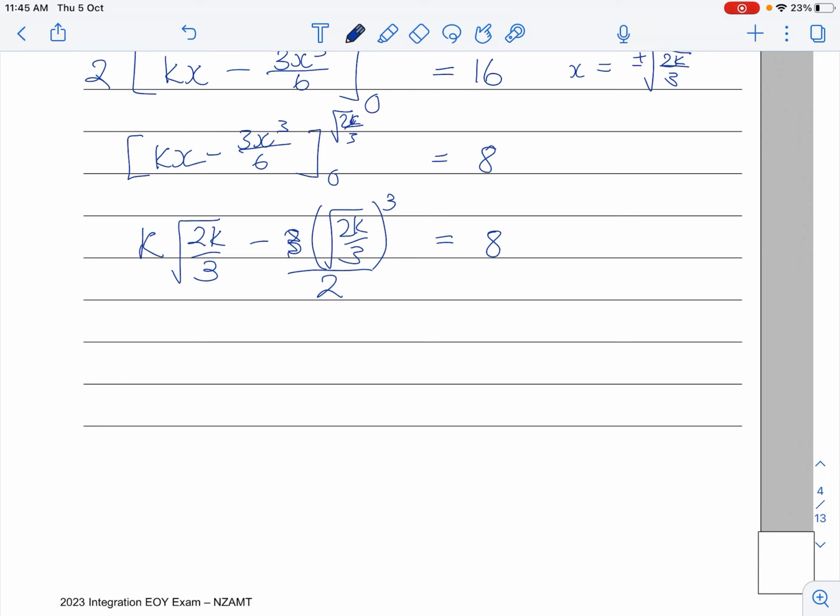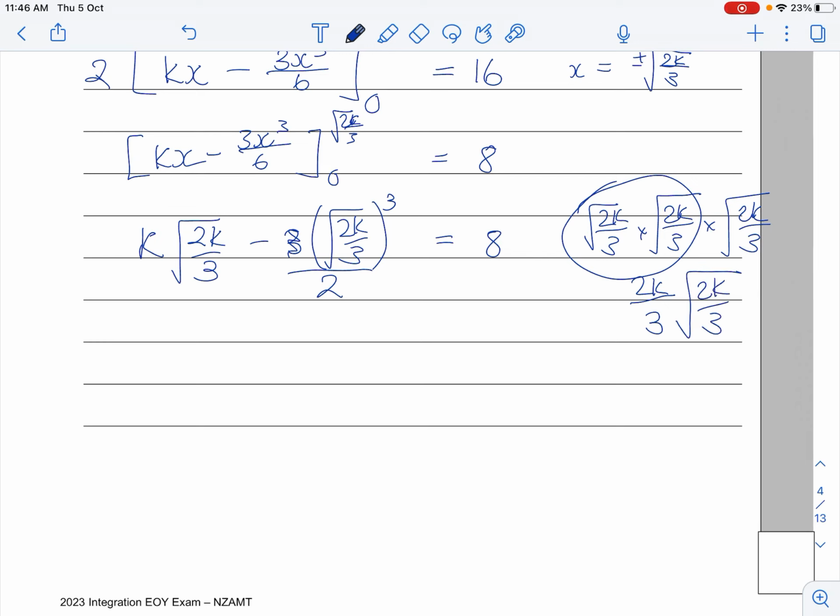Now, if we're going root 2k over 3 to the power of 3, just write it out here so then you can see what it looks like. Okay. If we take these two together, that is just squaring a square root. So that's 2k over 3. And then we're just left with this one here. So here we've got k over 2k over 3.